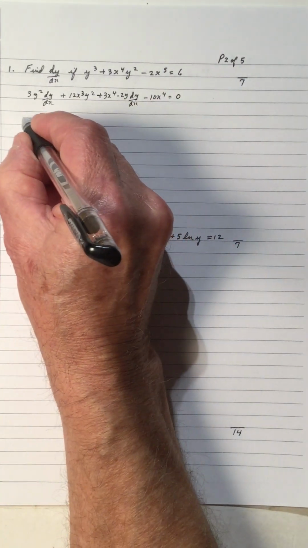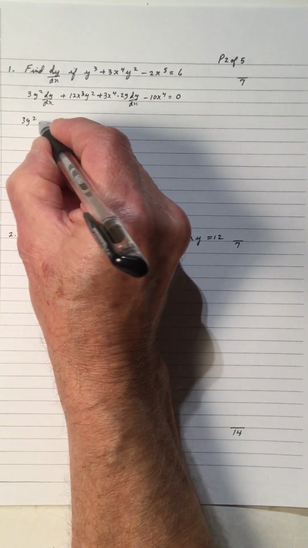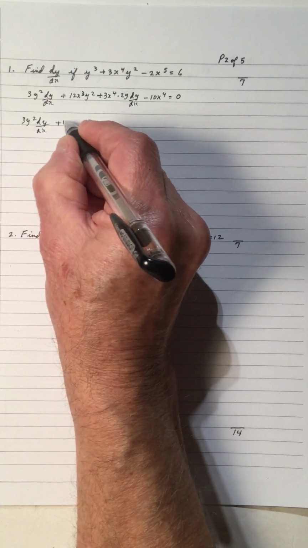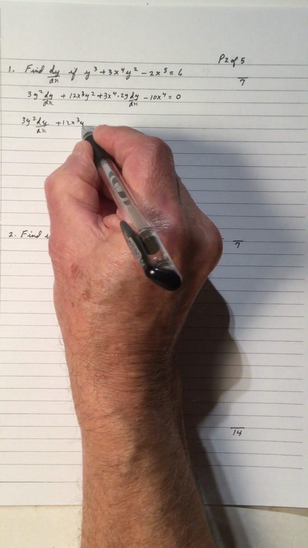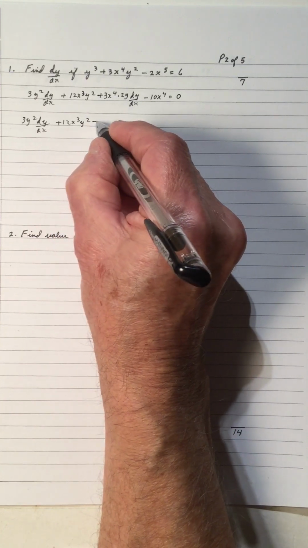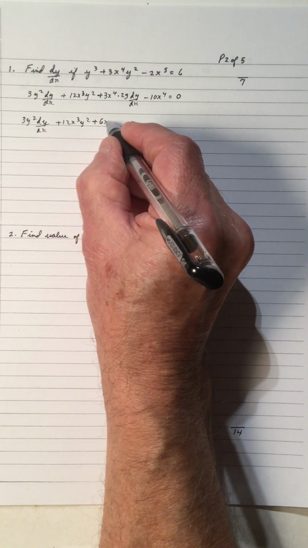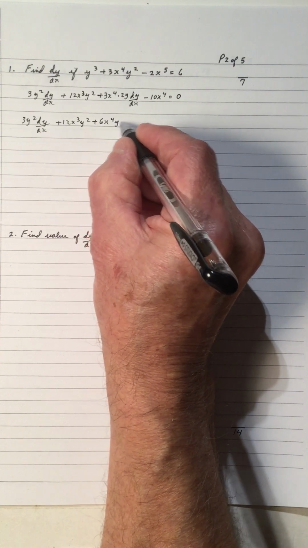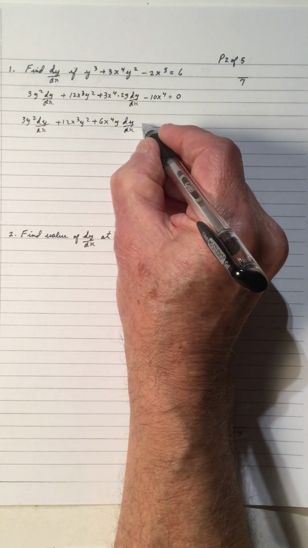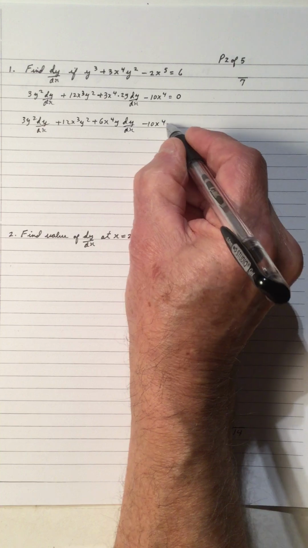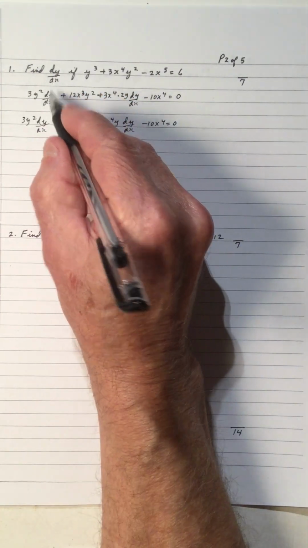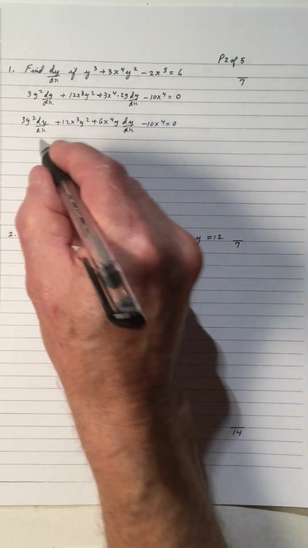So let's simplify that. We have 3y squared dy/dx plus 12x cubed y squared plus 6x to the fourth y dy/dx minus 10x to the fourth equals 0. Now we're solving for dy/dx, so let's isolate the dy/dx terms.